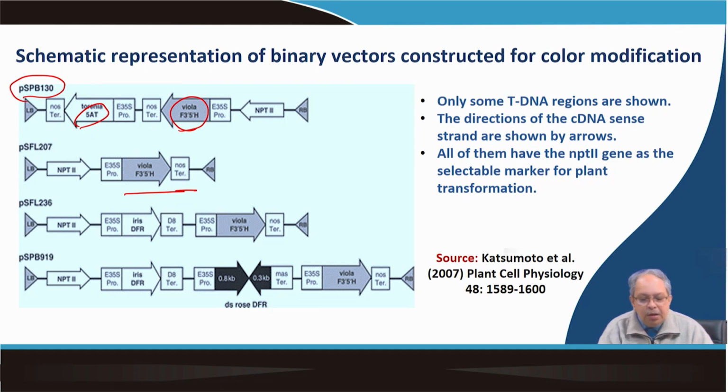Next, they have used Iris DFR and Viola F3'5'H, two genes together. That gives a better result than the previous, but what happens next? They thought that the main culprit was the rose DFR.